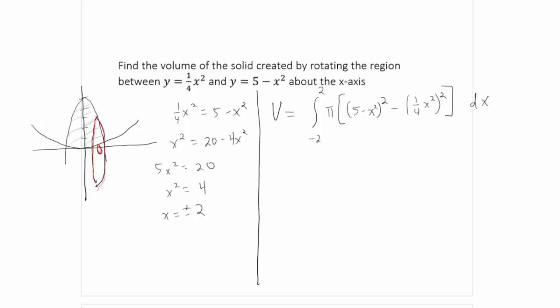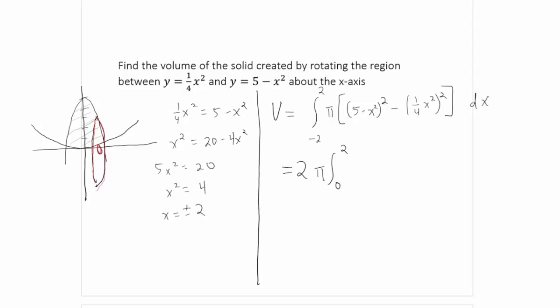Now again, I mentioned we can use some symmetry here. Notice that both of these are even functions, and so the region between them is also even. And so I can think of this as twice the integral from 0 to 2. I can bring the pi outside as well if I wanted to.